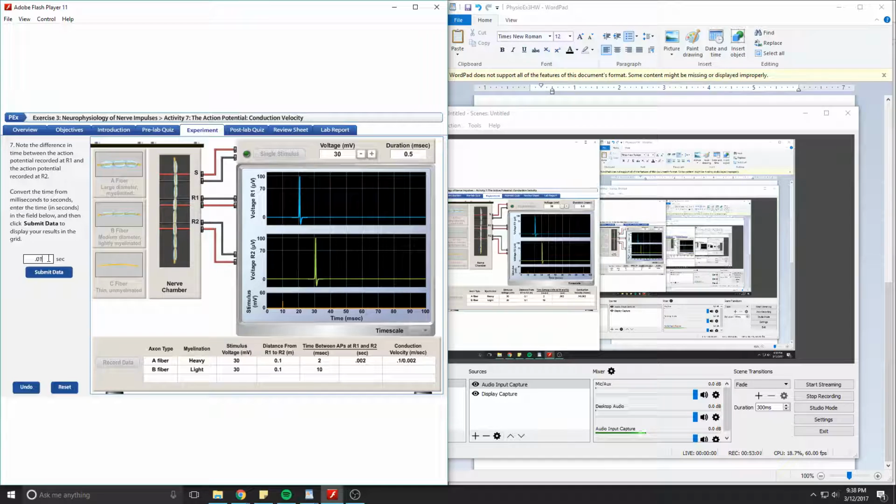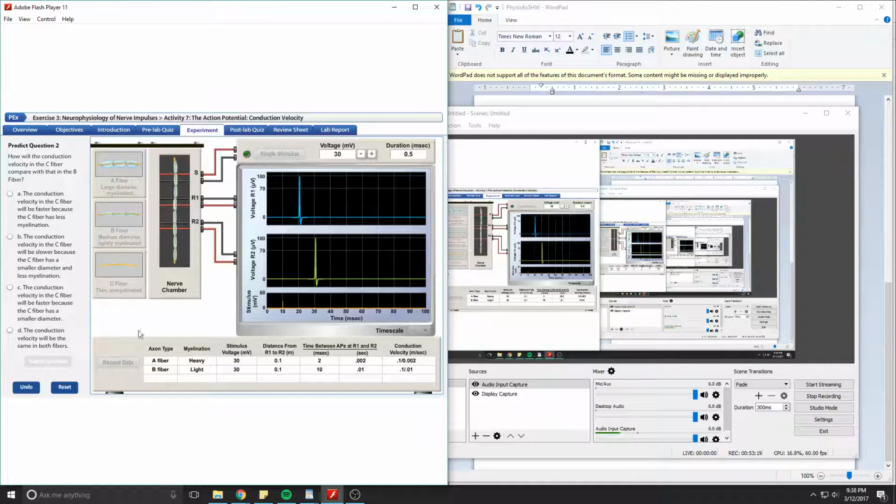It's gonna be 0.01. So it's gonna be 0.1 divided by 0.01. Yeah, okay.